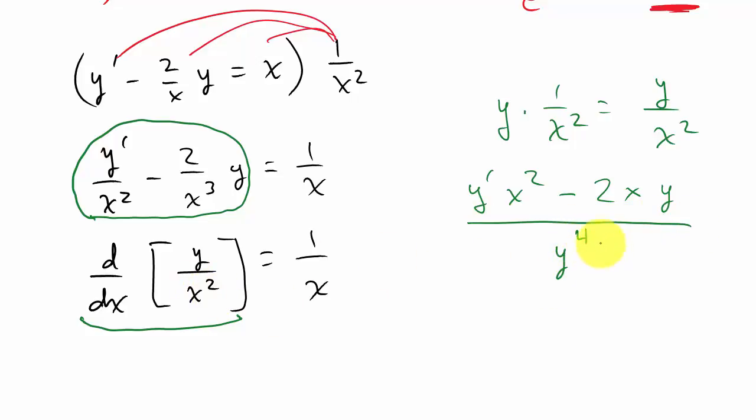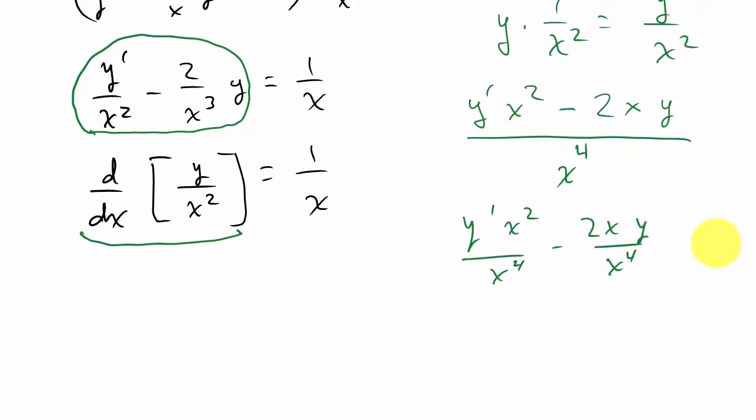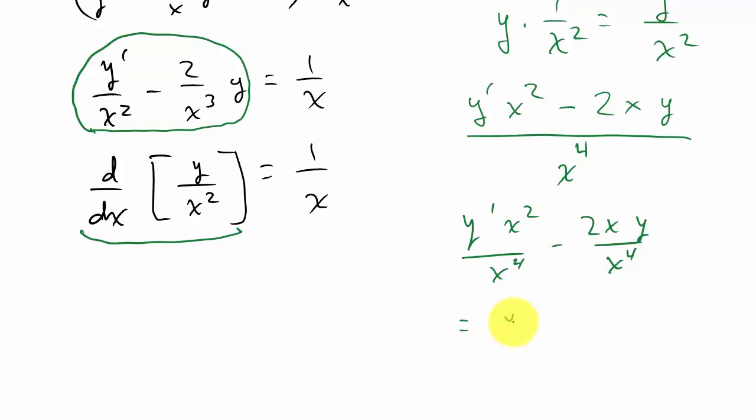That would be, oh, I'm sorry, x to the fourth. If we split this up, we get y prime x squared over x to the fourth minus 2xy over x to the fourth. This simplifies to y prime over x squared minus, and the x and x to the fourth cancel, 2 over x cubed times y. That gives us this side here. That's where that comes from.